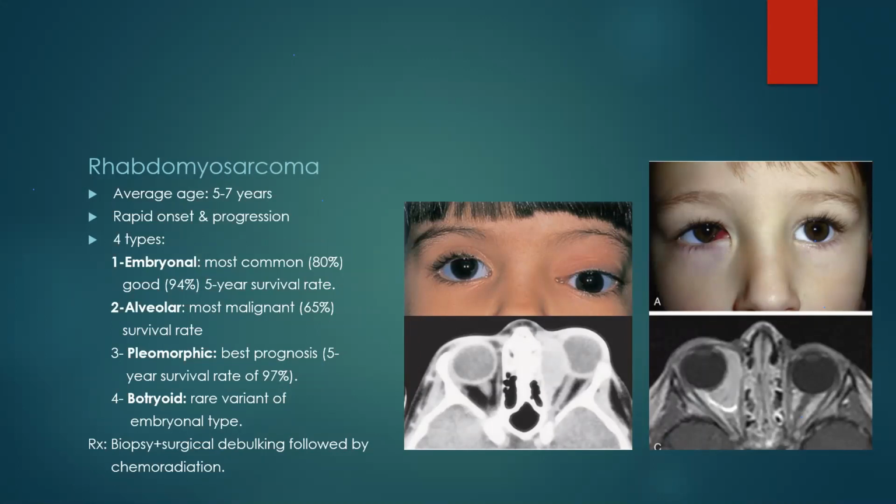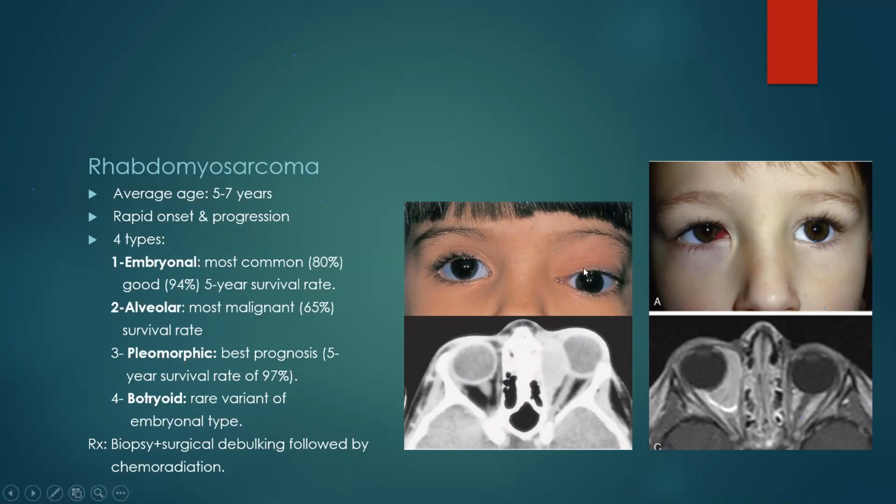Pleomorphic has the best prognosis, and botryoid is a variant of embryonal type. The treatment is biopsy with surgical debulking, followed by chemoradiation.